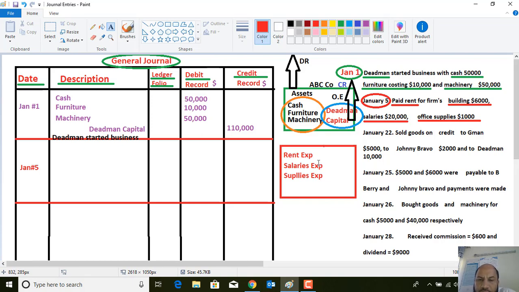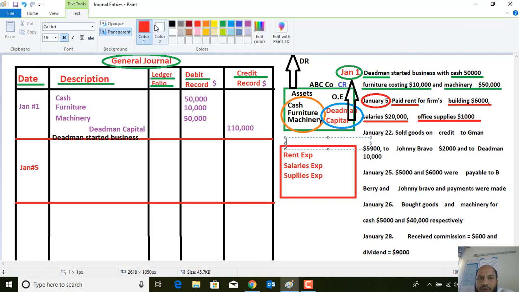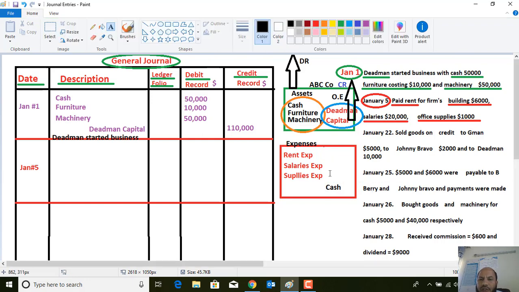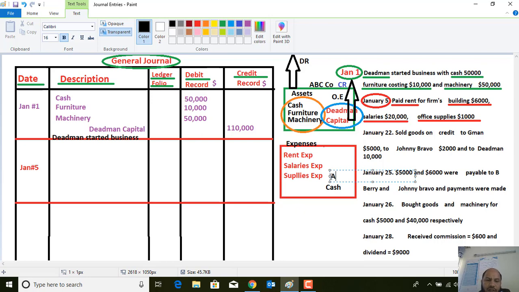So dear students, if you see, the office rent expenses, the salary expenses and the supply expenses have a relationship with which account? The expenses account of the business. So these are expense accounts, but these expenses have been paid through cash, and cash is an asset account.